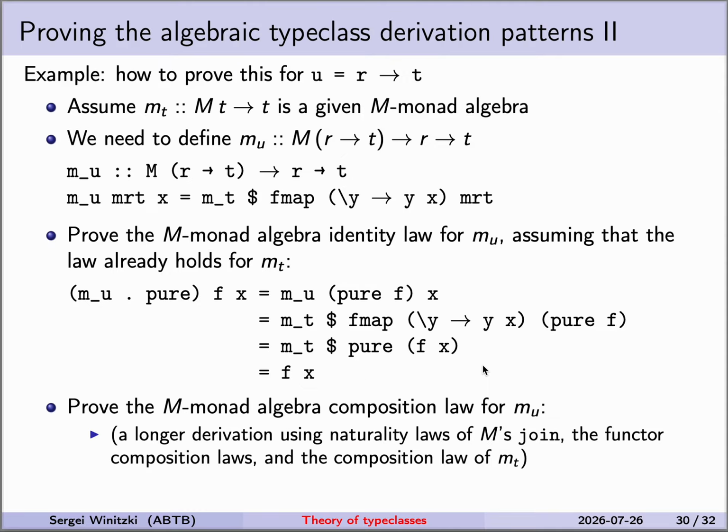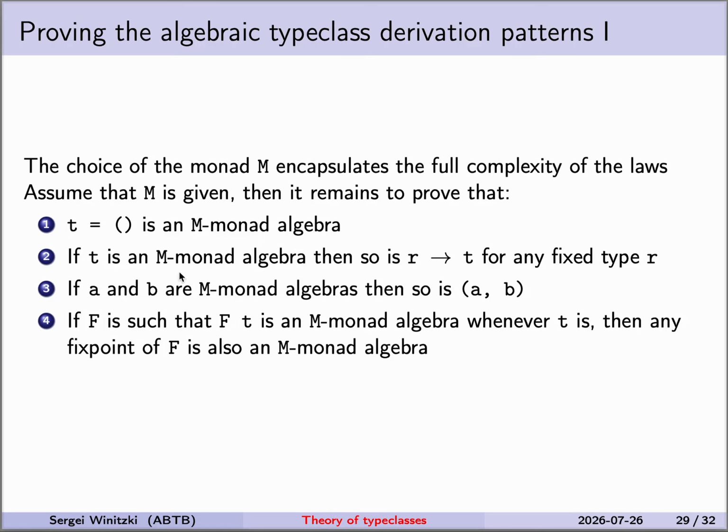So the result is that we have proved in general that these algebraic type class derivation patterns, such as the pair, the function, the recursive type, they always satisfy any laws that you might have of any algebraic type class.